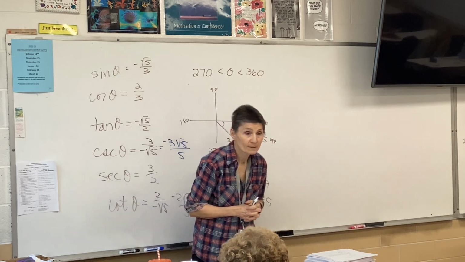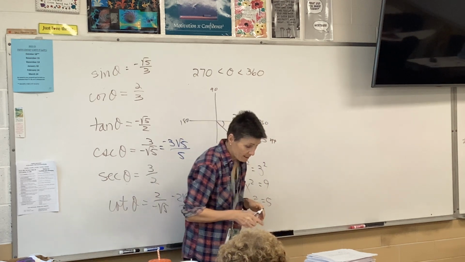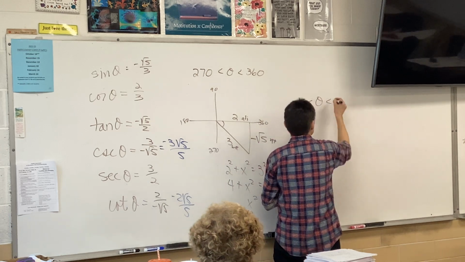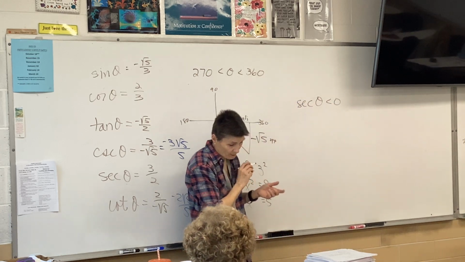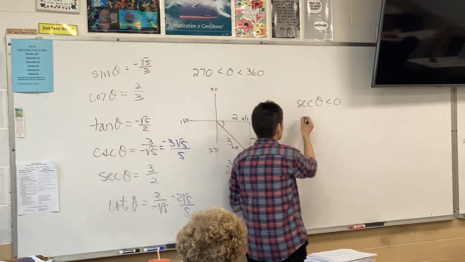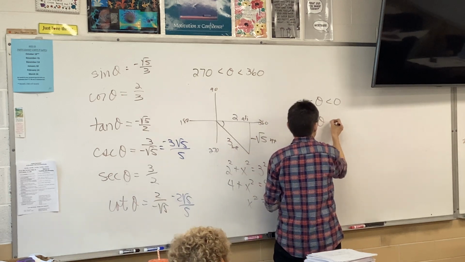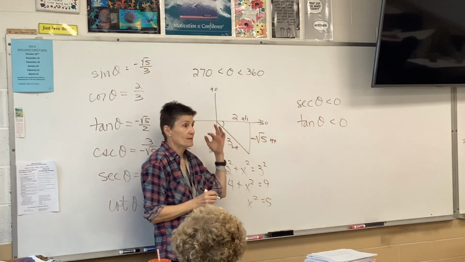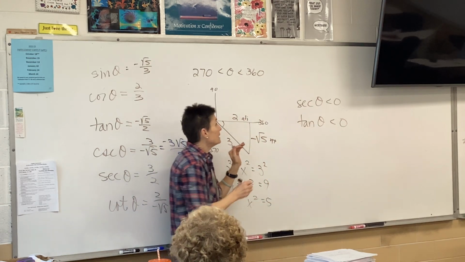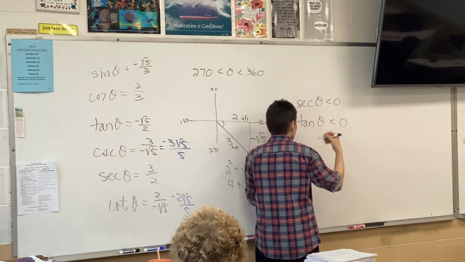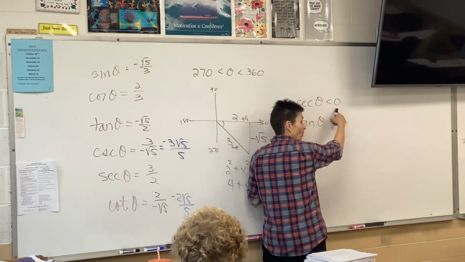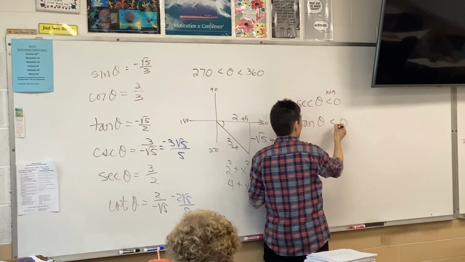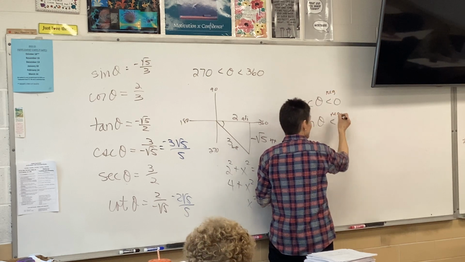Which one? 6. In which quadrant? So the answer to this is going to be either 1, 2, 3, or 4. You gotta figure out which quadrant this happens in. And you need to remember that less than 0 means what? Negative. Less than 0 means negative.